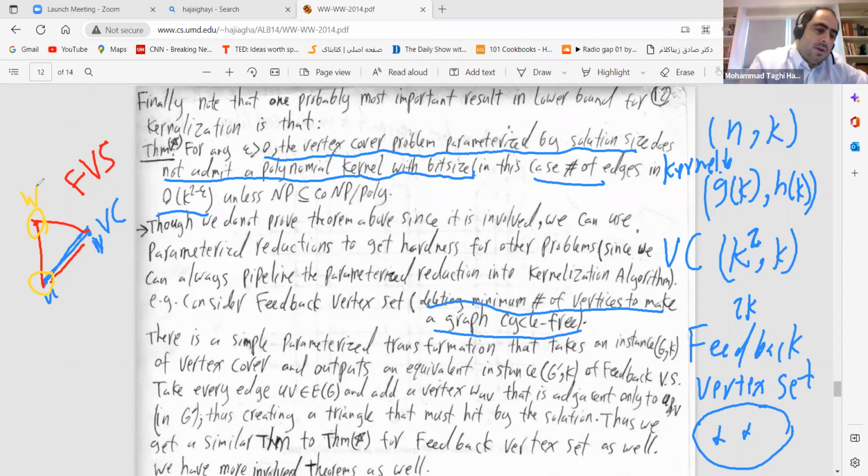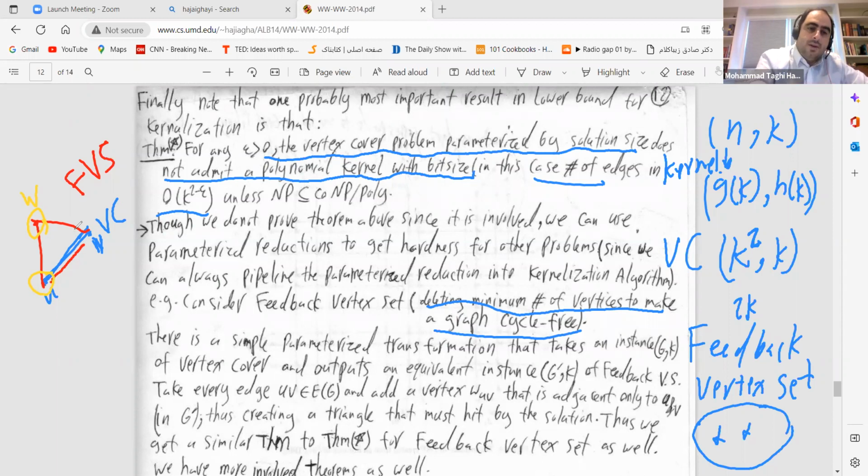In some sense, killing these triangles on the edges is equivalent to selecting one vertex from each edge of the vertex cover.